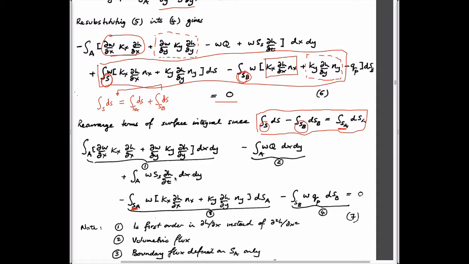This is the result of us doing this. This other term here still exists, right? Which is this. And once we do this subtraction here, instead of having an integral over S minus SB, we have one only in terms of SA, which is this. This is this.